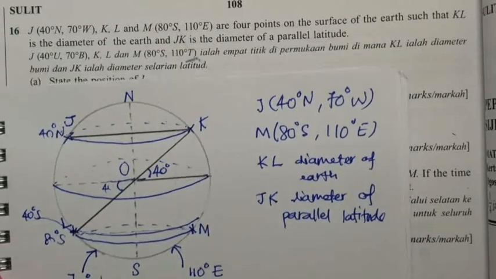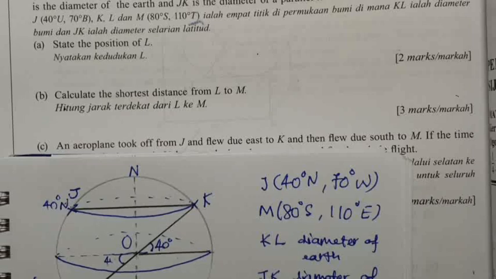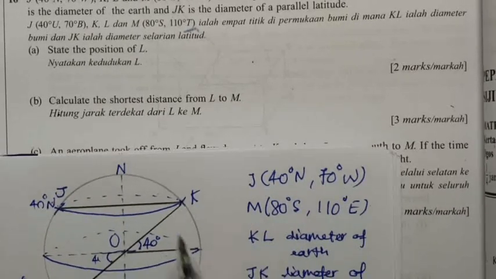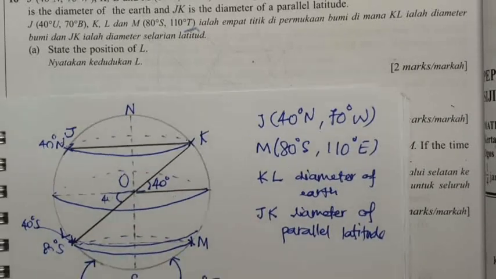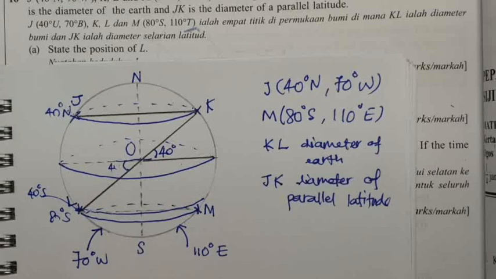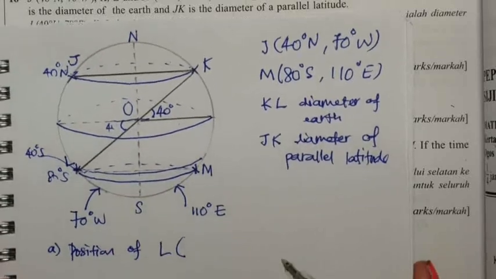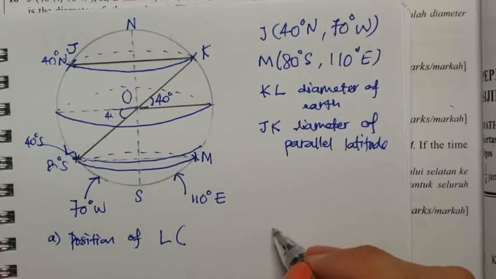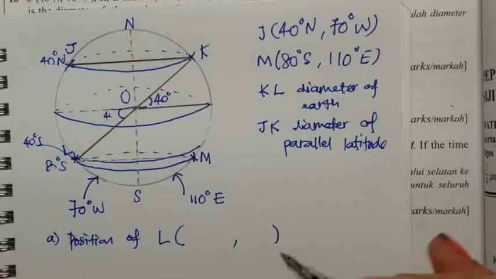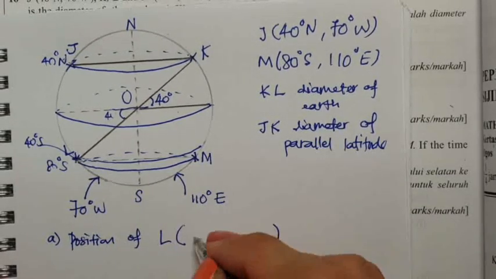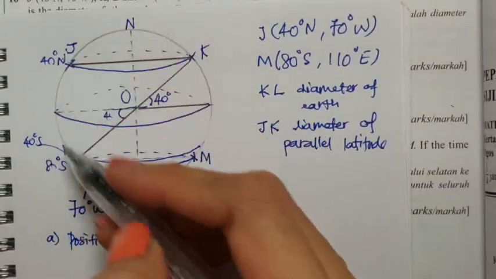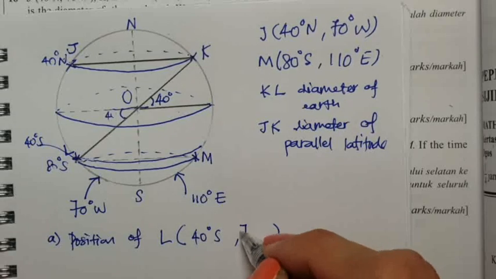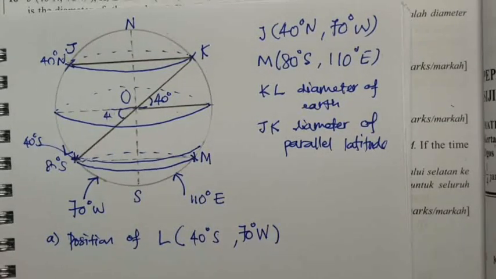Now, next we have to state the position of L. If this is K, this is L. The position will be the longitude and the latitude. We have to mention the latitude first, the north-south first. L is here. It's at 40 degrees south and it's along the same longitude as J, so that will be 70 degrees west.